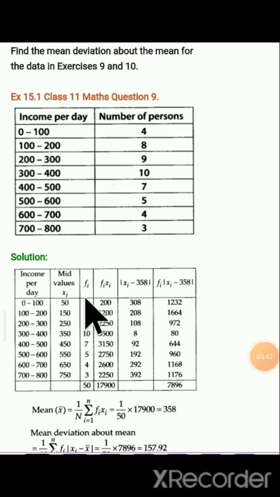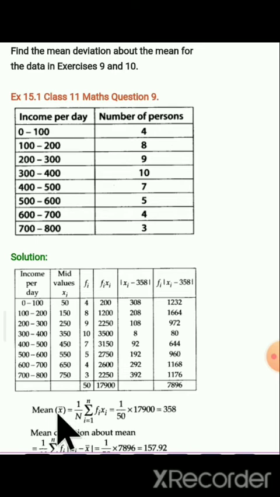Next frequencies are 4, 8, 9, 10, 7, 5, 4, 3, that is 50. Next fi into xi: 50 into 4, 150 into 8, 250 into 9, 350 into 10, 450 into 7, 550 into 5, 650 into 4, 750 into 3. So we will get this value.